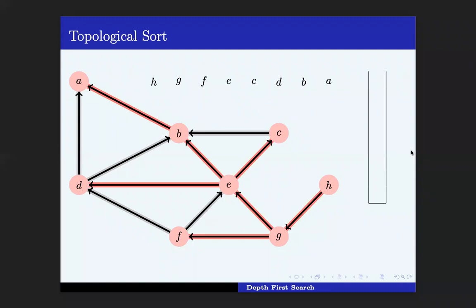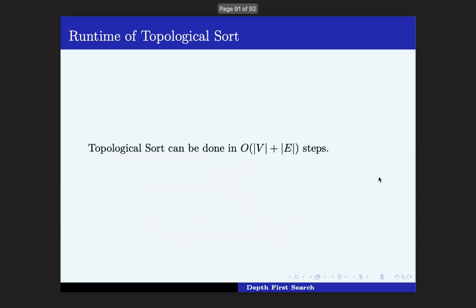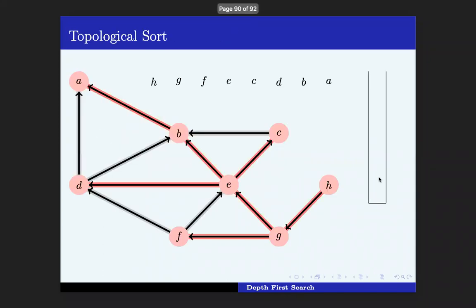So eventually what we'll get is a topological sort. Correct. Basically, you do an induction on this. So I will leave it as an exercise.